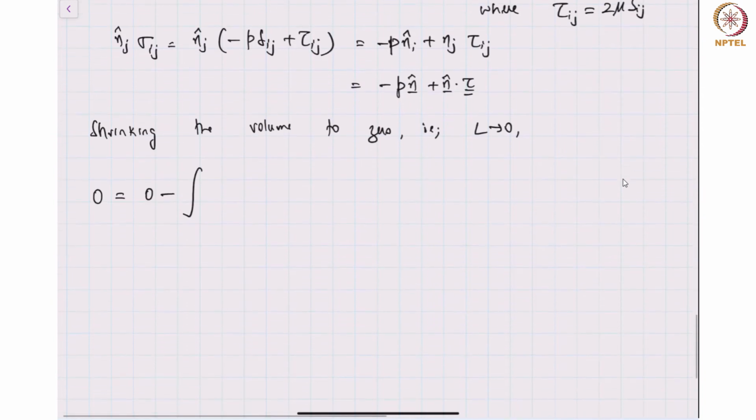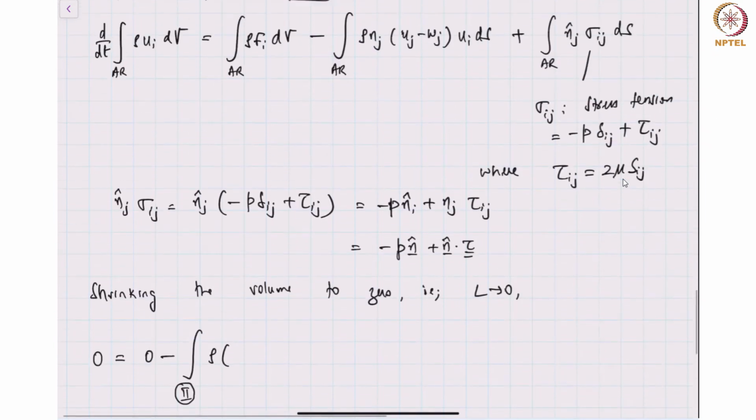So over fluid 2, I have rho times, and I make use of the fact that the normal vector is of opposite sign than fluid 1. So this is minus Nj, Uj minus Wj, U dS.